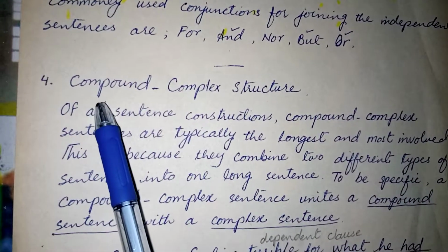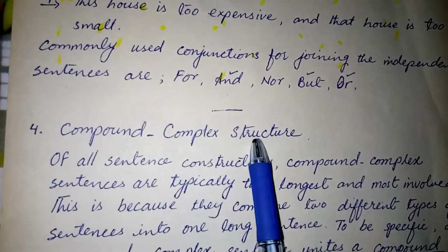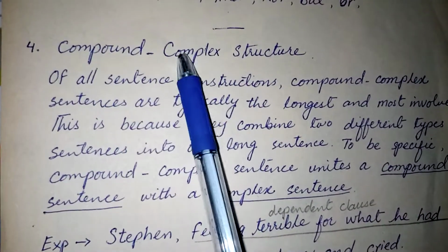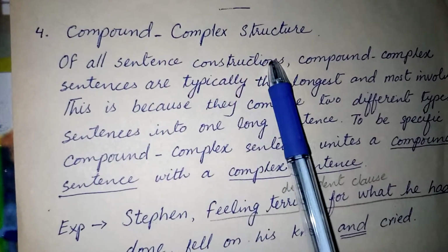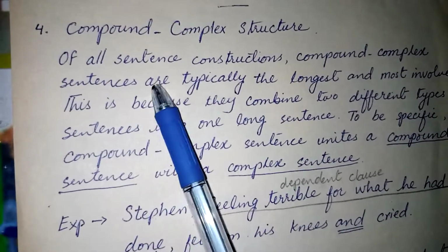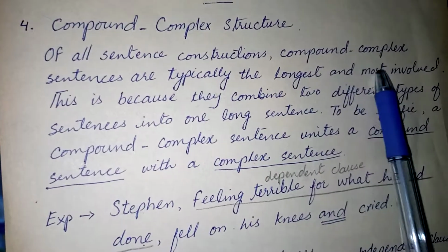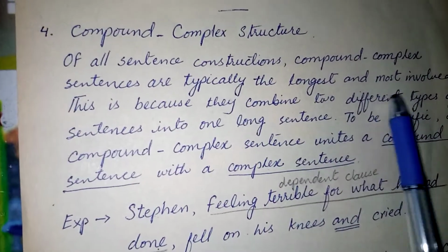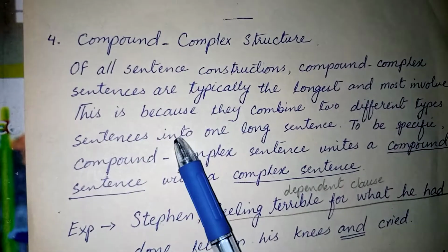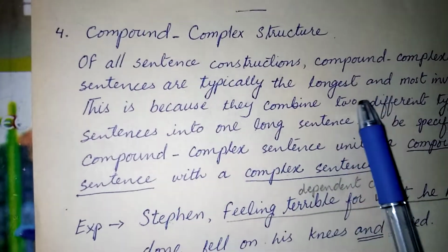Now we move to the fourth structure of a sentence, that is the compound complex structure. Of all sentence constructions, compound complex sentences are typically the longest and most involved. This is because they combine two different types of sentences into one long sentence.